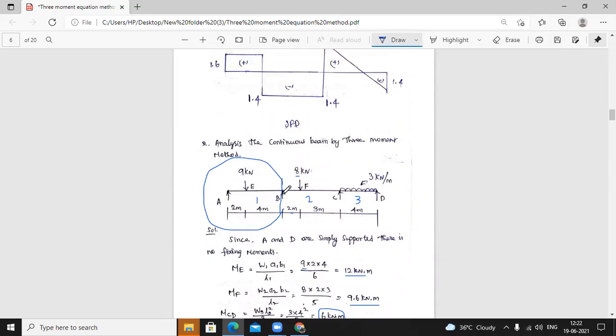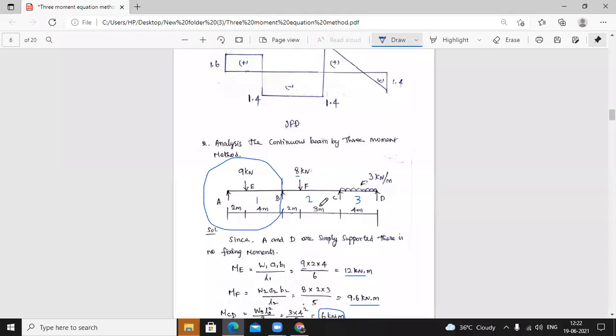Taking moments about the point B, RA into 6, and this is the clockwise direction, and 9 into 4. RA into 6 minus 9 into 4 equals this moment. What is this moment? This MB value we already found, minus 6.84.